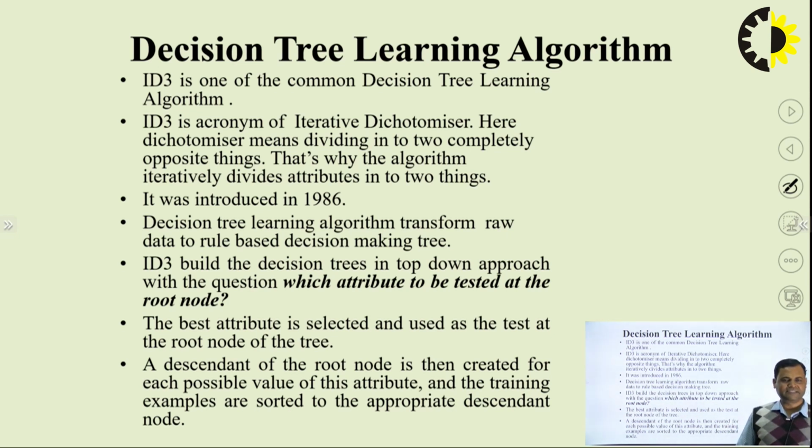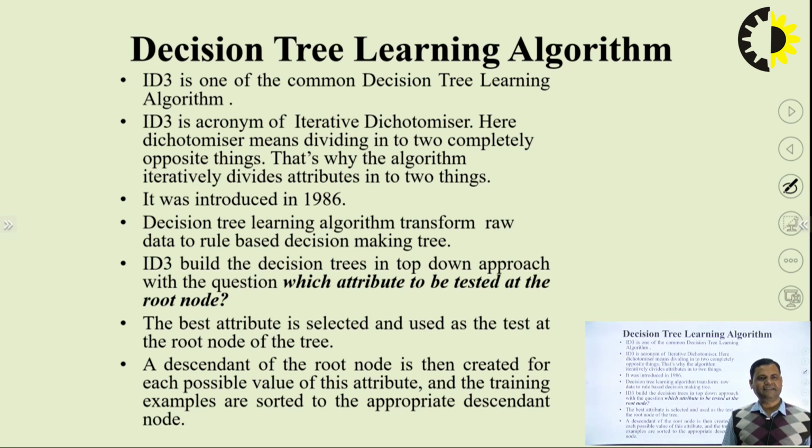The algorithm divides into two different things because the splitting is carried out on the decision node, and it can be the root node or a sub node of the root node. So iterative dichotomizer clearly indicates the splitting or division into two sub branches.